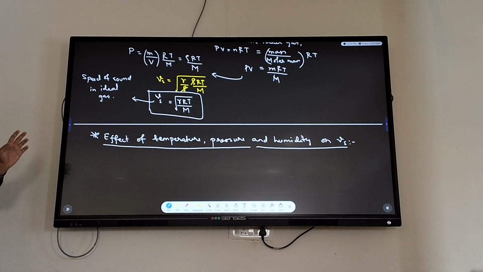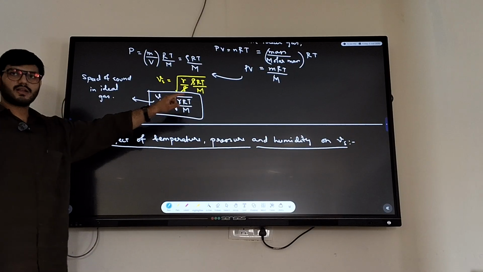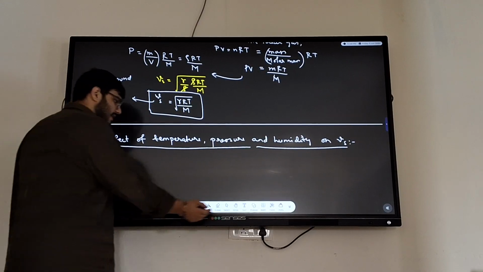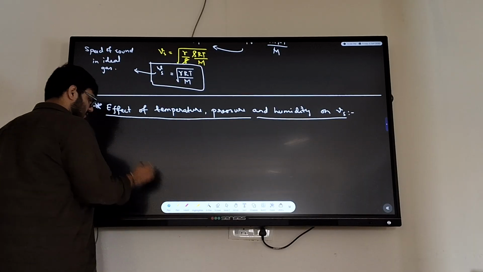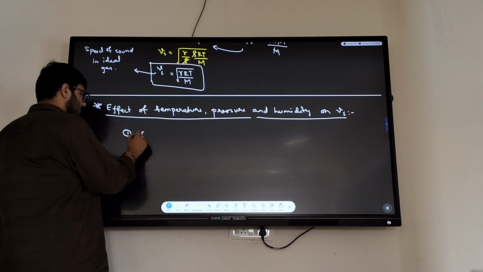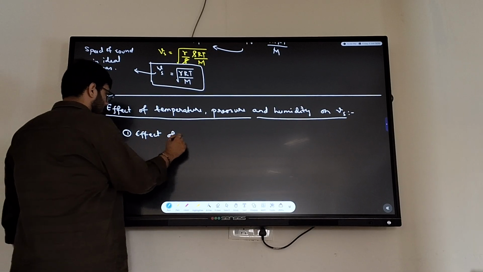So for an ideal gas, at least, what is the expression that we got? Gamma RT by M, right? And so let's talk about the effect of temperature.